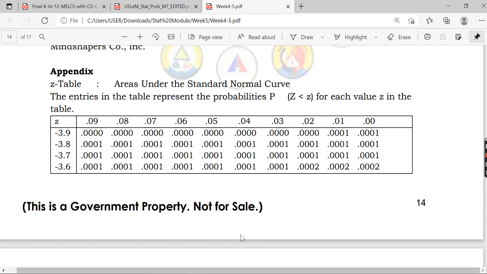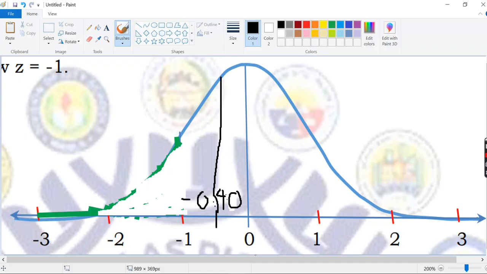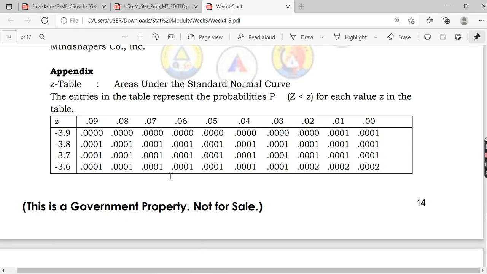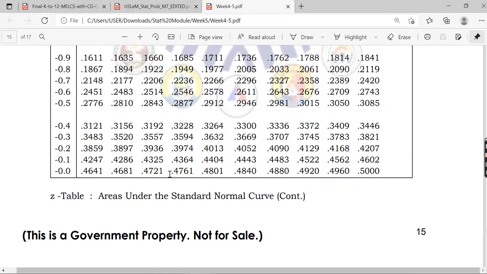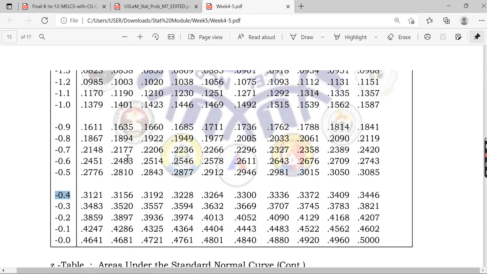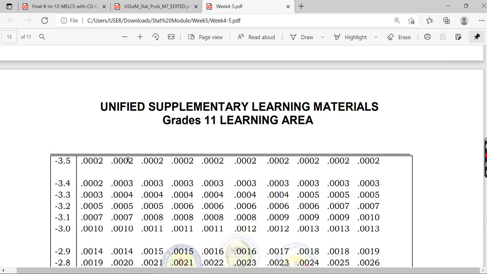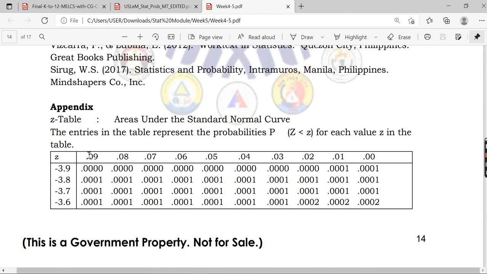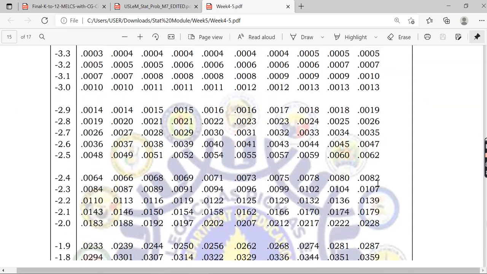Be careful in using this table. The only value that we know is negative 0.40, so let's look for negative 0.40. It's in here. Let's look at the header, the end column.